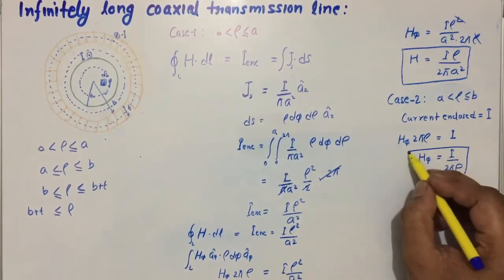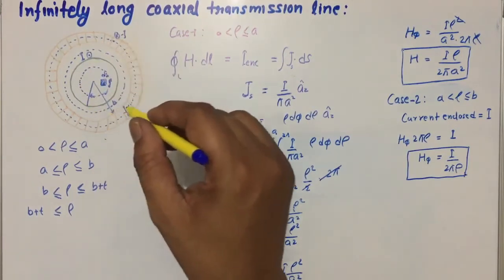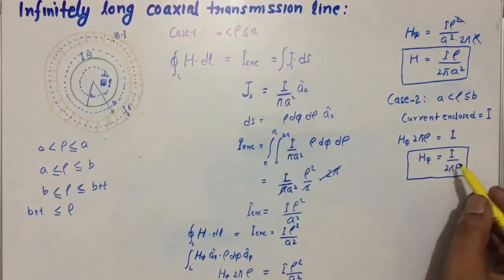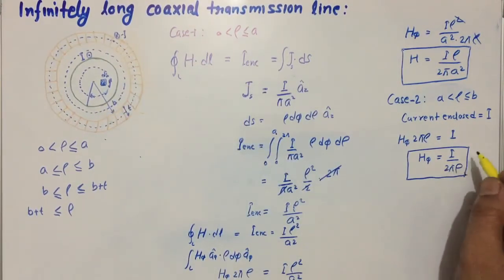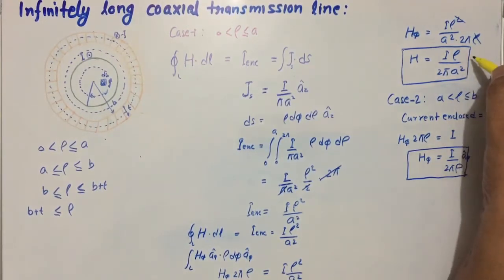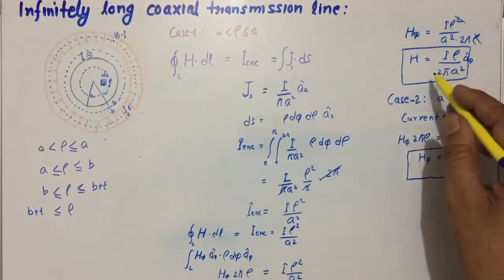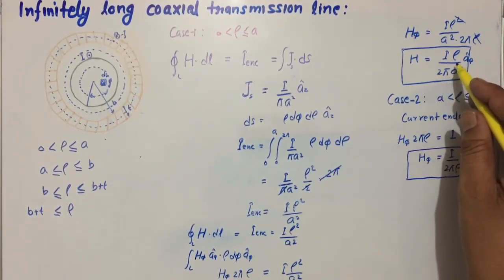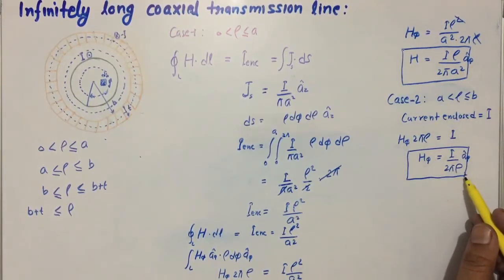So in the case when the current I is enclosed, the Amperian path will be this and the magnetic field intensity will be this. Phi indicates it is in the direction of phi. Same way here we can write in the direction of A phi. In both the cases it is the same. Here we observe that H is directly proportional to rho, where remaining quantities are fixed. Here it is inversely proportional to the point of observation.